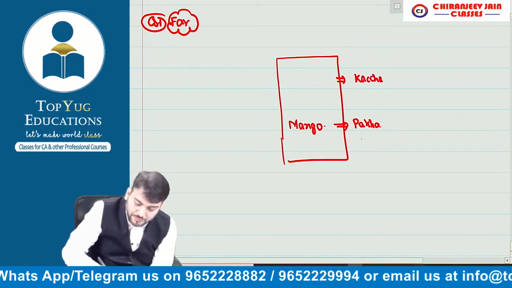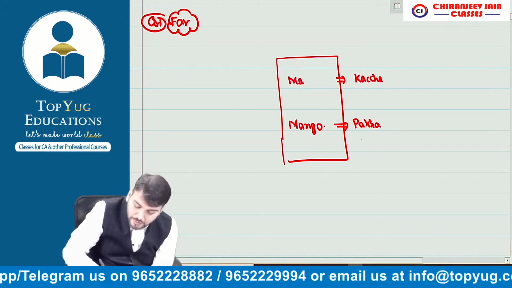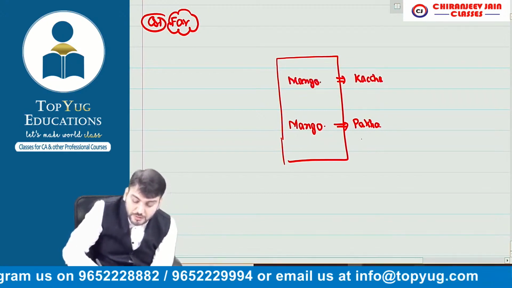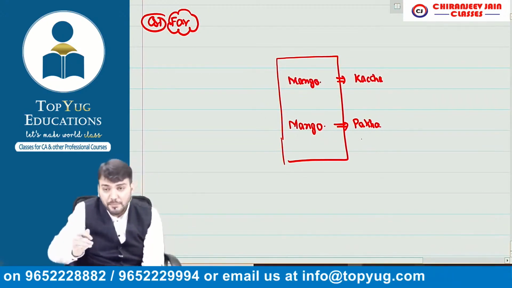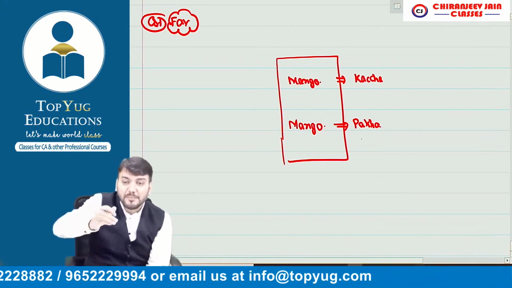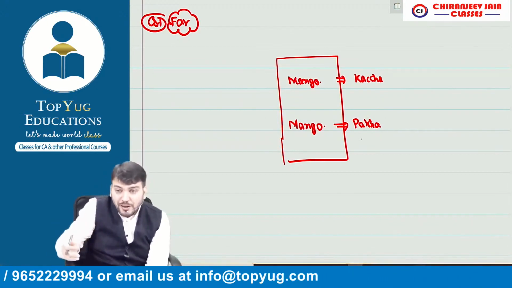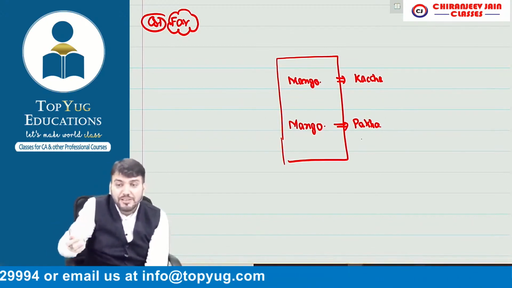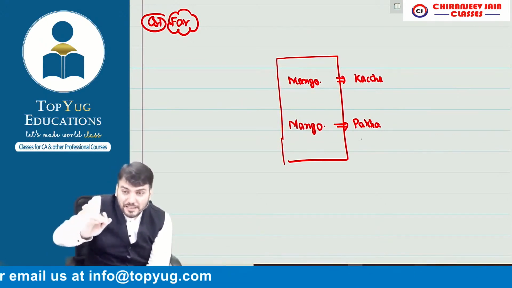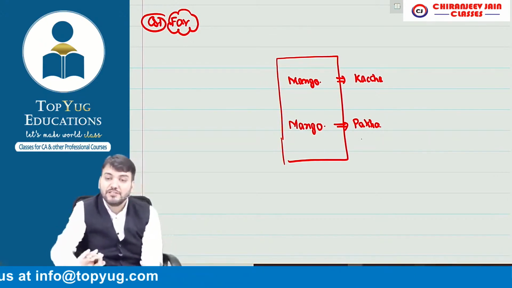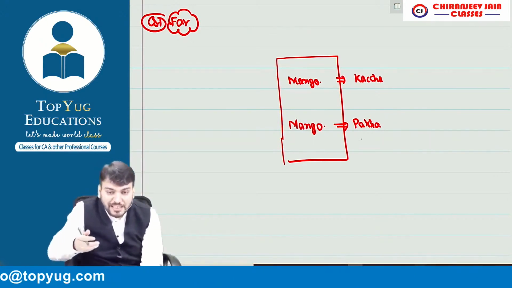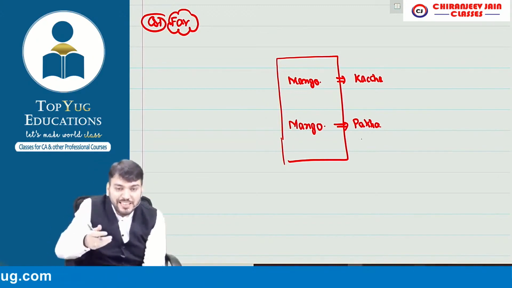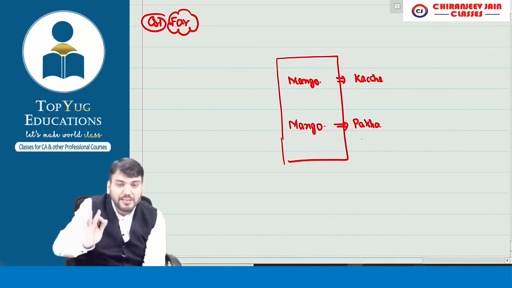You know pakka, kacha? This kacha mango will take some time to become pakka, and then only it can be consumable. Then only we can eat it and enjoy it.